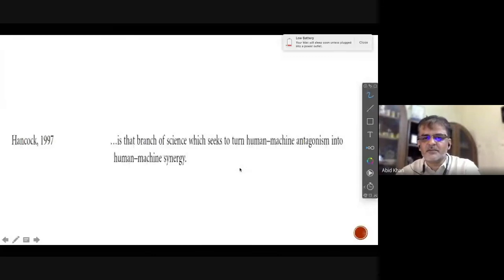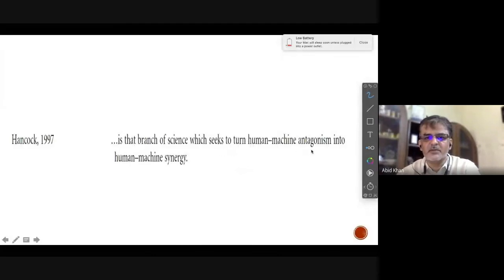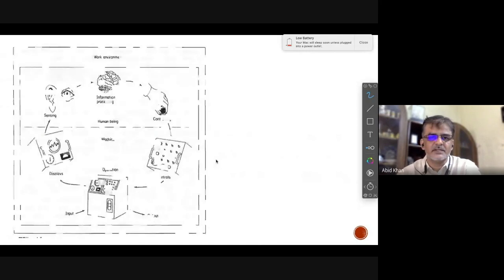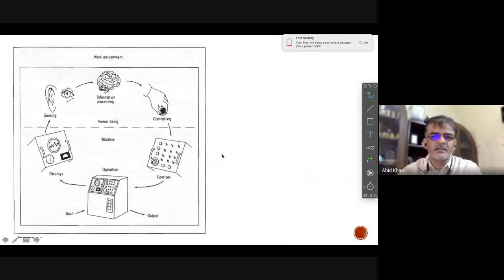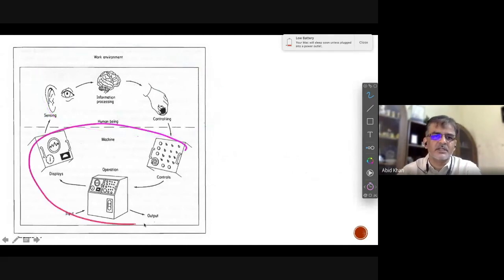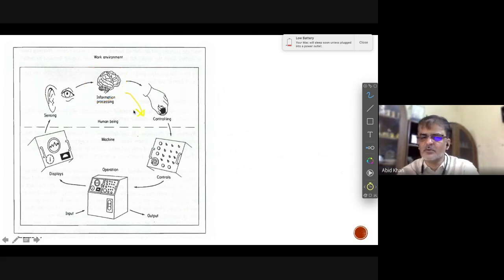Ergonomics is a branch of science which seeks to turn human-machine antagonism into human-machine synergy. So you have to improve the synergy between human and machine. You see this? This is the whole human side. This is the whole machine side. Your senses sense the display. Your brain processes it and reacts accordingly. If some fire comes, your hand moves backwards.